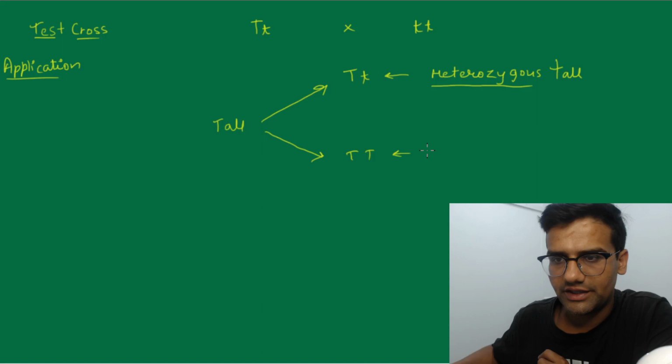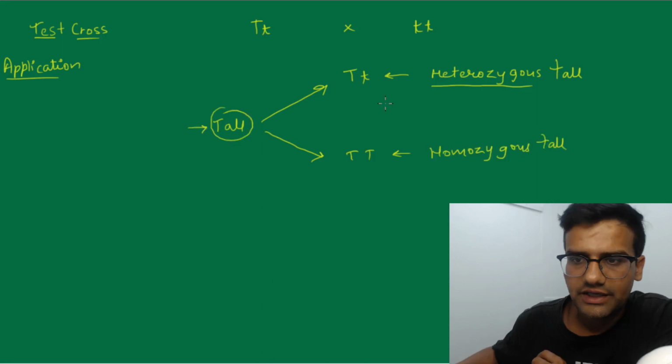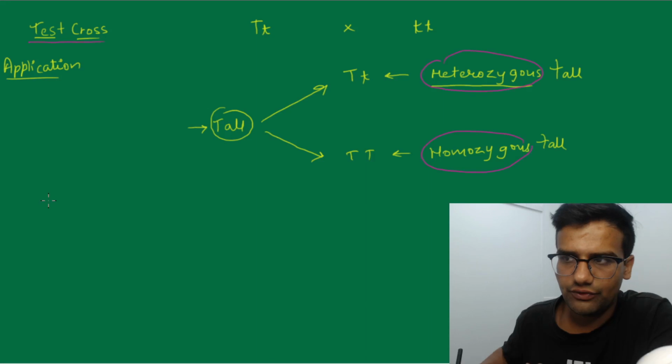But how would we know whether this particular tall plant is heterozygous tall or homozygous tall? We can know this by test cross or back cross. This test cross is particularly used for knowing the genotype of a tall plant, or you can say the dominant organism.